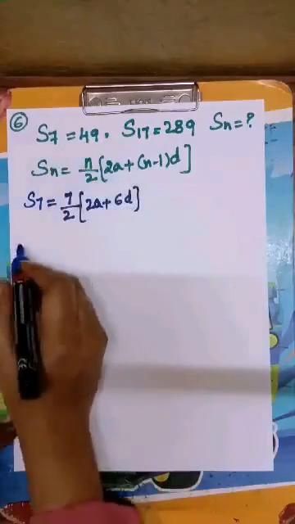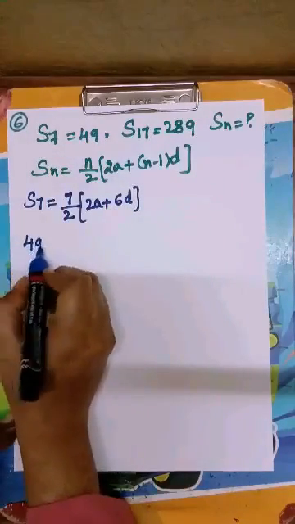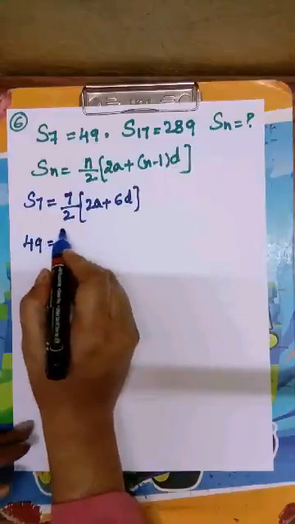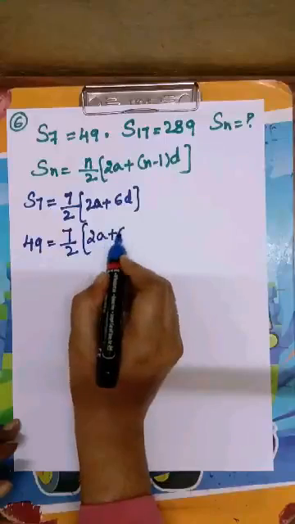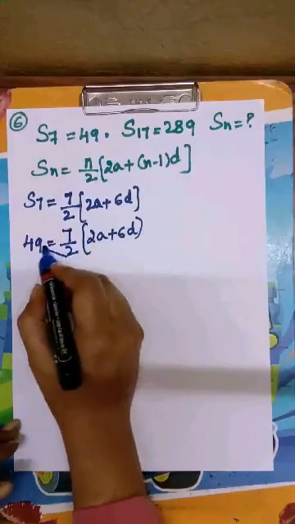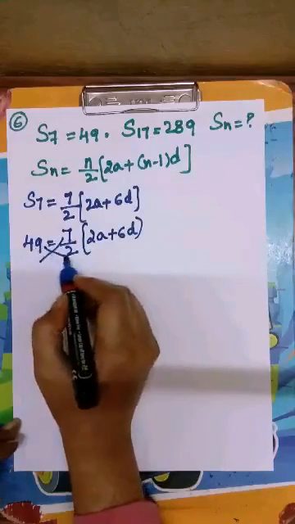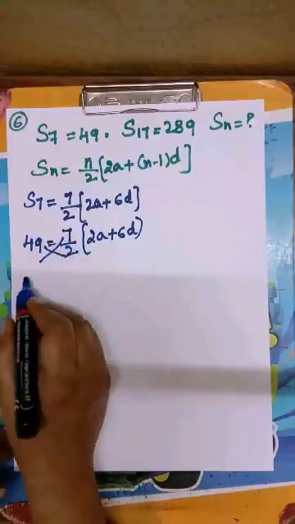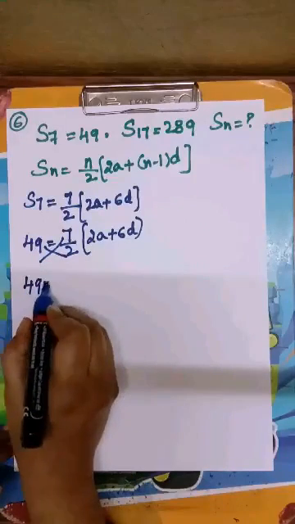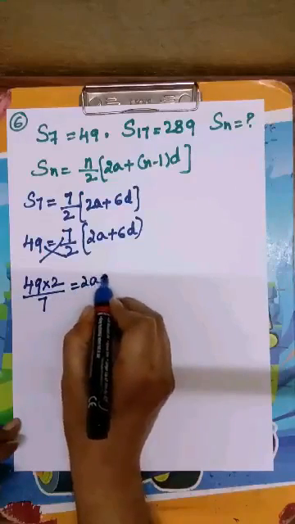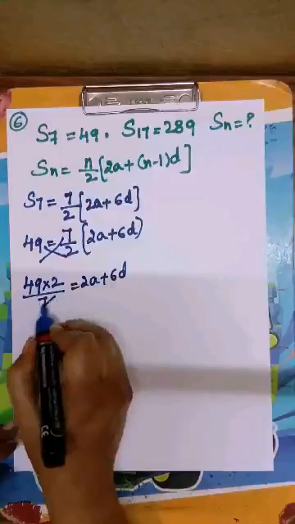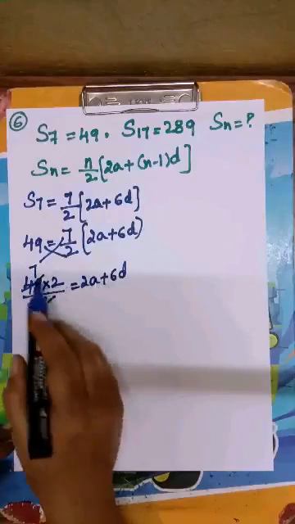S7 value we know as 49. 49 is equals to 7 by 2 into 2A plus 6D. Cross multiply, send the 2 to the numerator and 7 to the denominator. 49 into 2 by 7 is equals to 2A plus 6D. 7 ones are 7, 7 7s are 49.